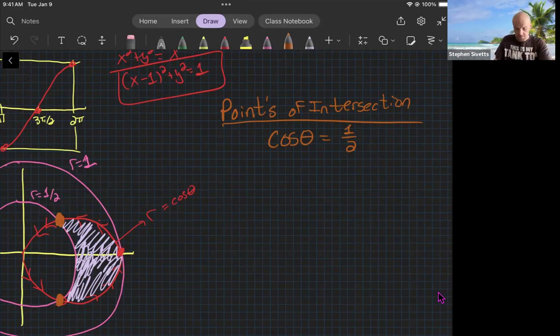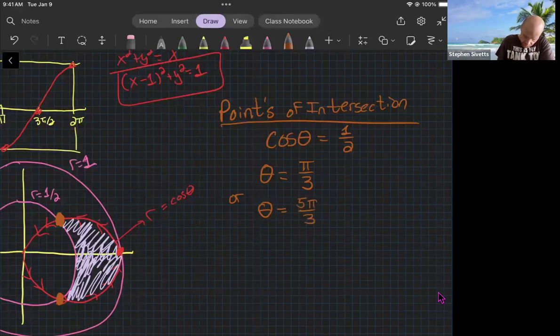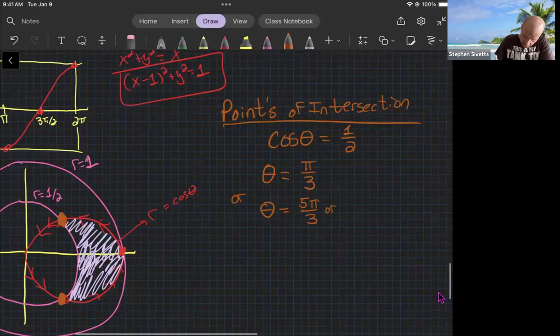Well, if you guessed right, I believe you. So theta has to be pi over 3, or theta equals 5 pi over 3, or it could be minus pi over 3.